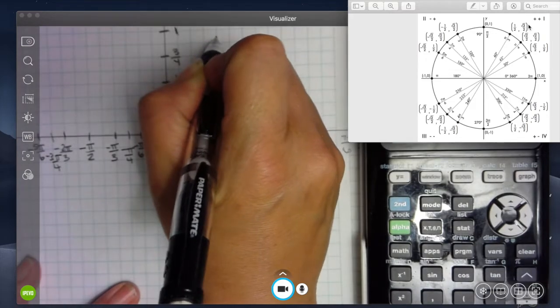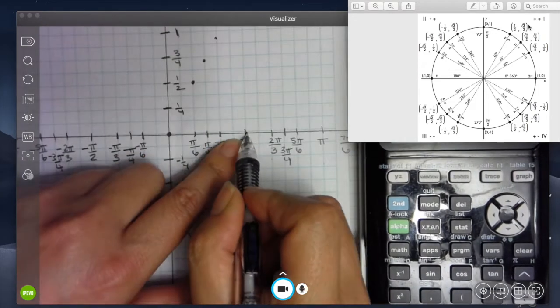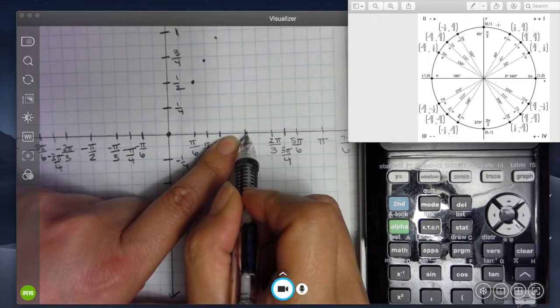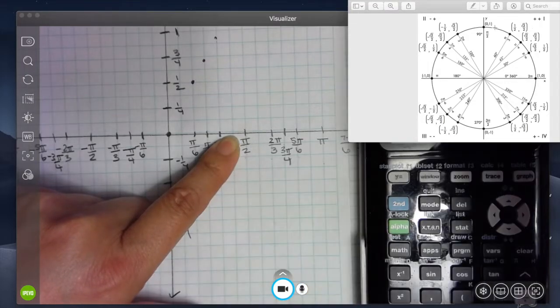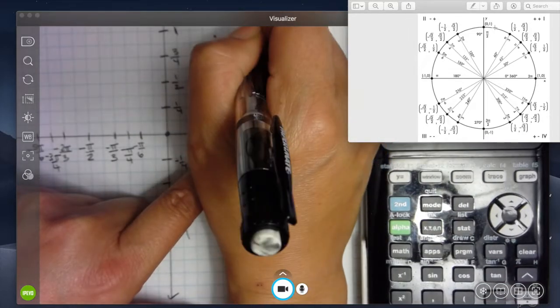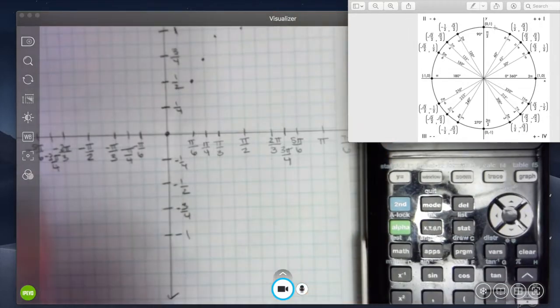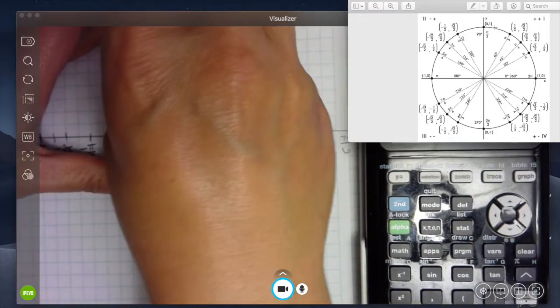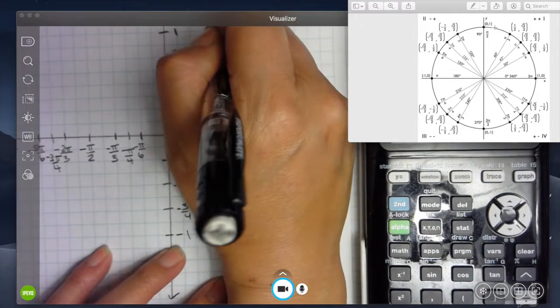So now we're at pi over 2. Looking at it, the y coordinate is 1. I'm right here at 1. Okay, so it should make a nice little curve here.